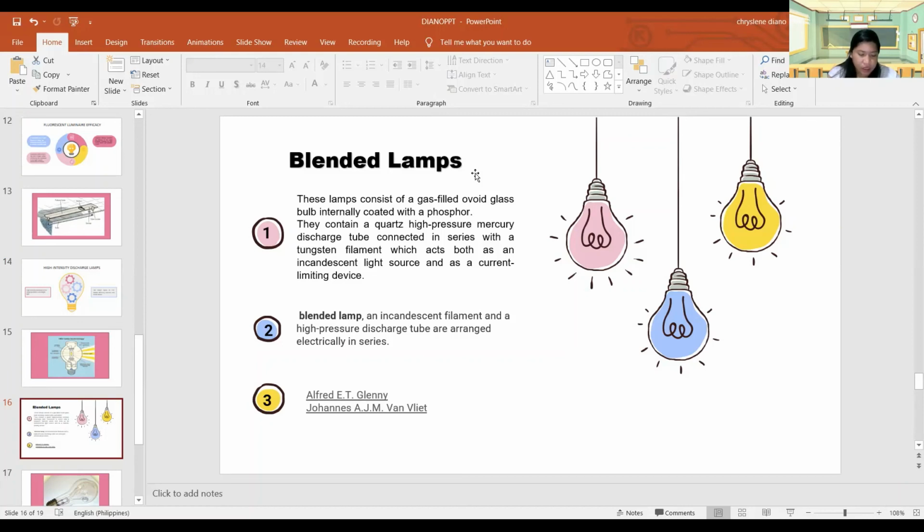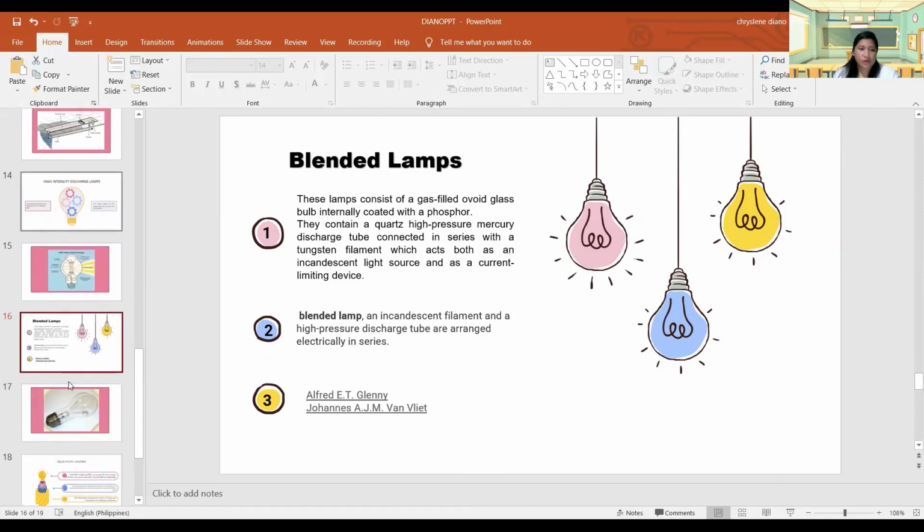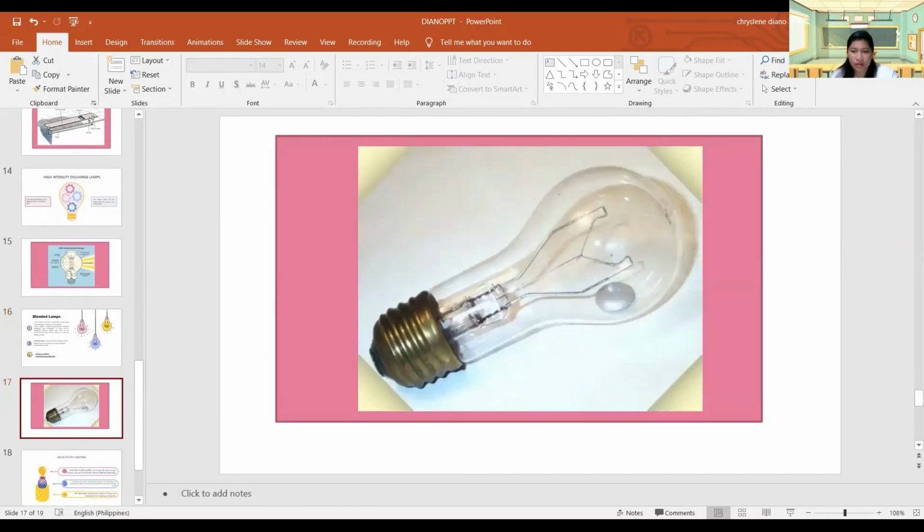ML lamps emit a spectrum composed of a continuum from the incandescent source and a line spectrum from the high-pressure mercury source. Blended lamps cannot be dimmed. The self-ballasted ML lamps are a direct retrofit in luminaires for incandescent lamps. So this is the sample of the blended lamps.